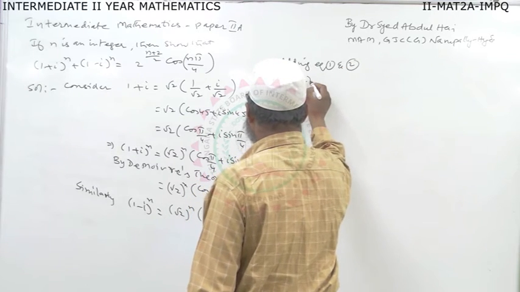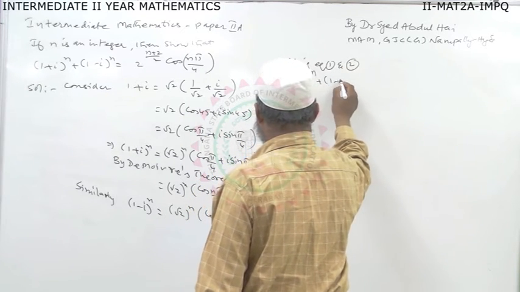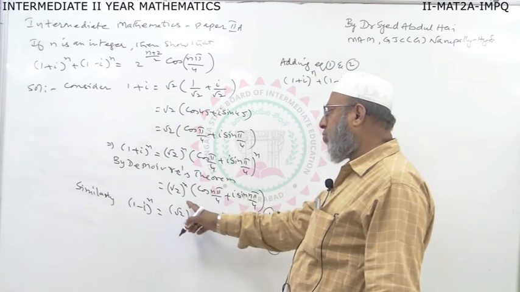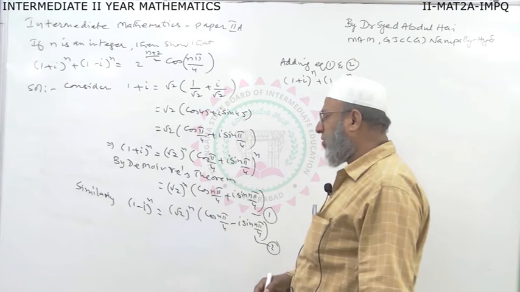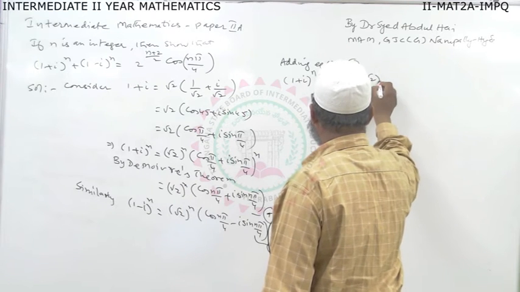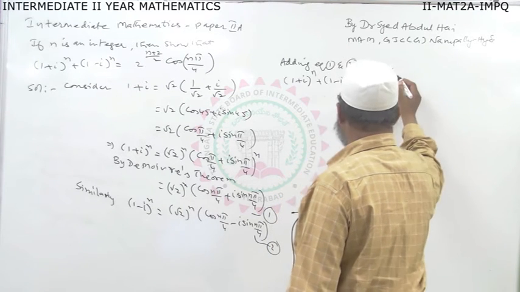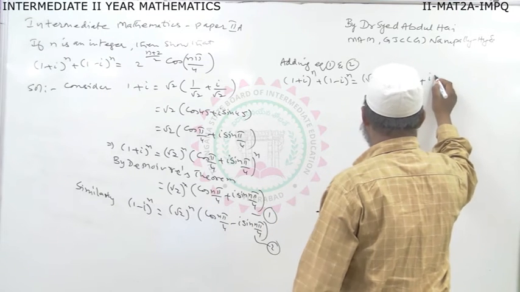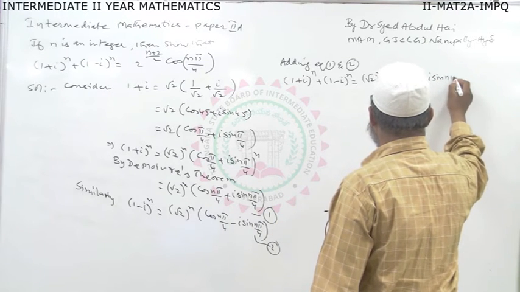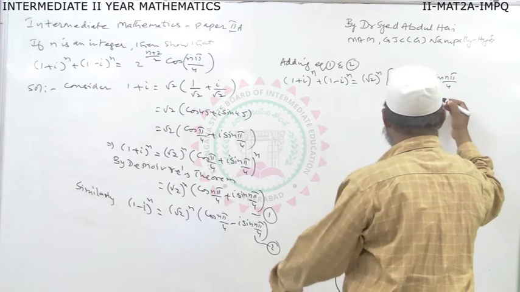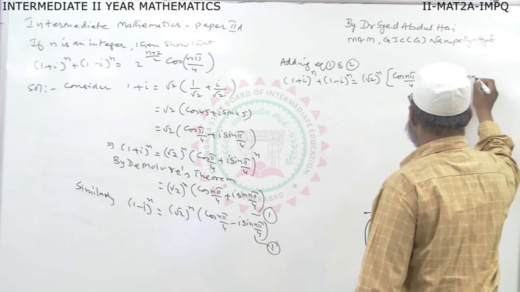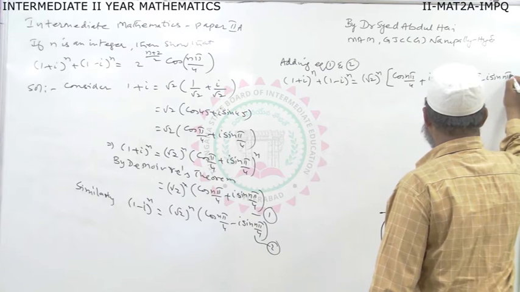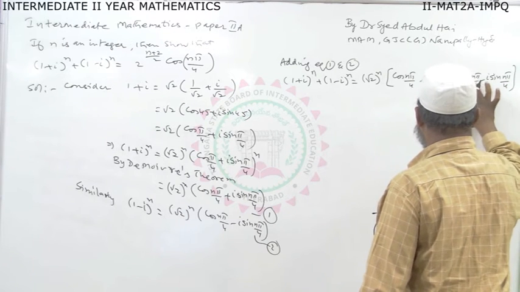(1 plus i) whole power of n plus (1 minus i) whole power of n is equal to, this is root 2 power of n, root 2 power of n is common. So, I am taking it outside, into cos n pi by 4 plus i sin n pi by 4 plus cos n pi by 4 minus i sin n pi by 4.